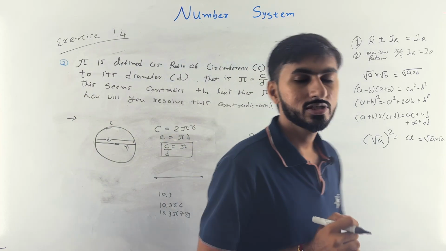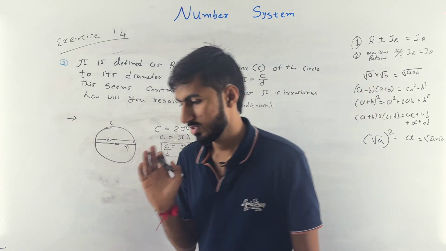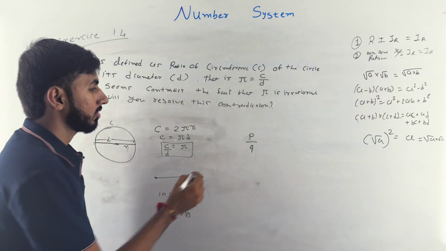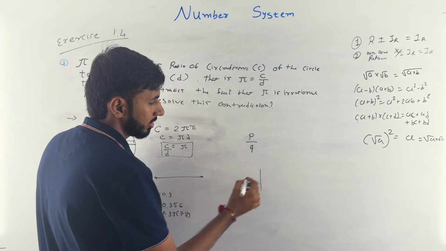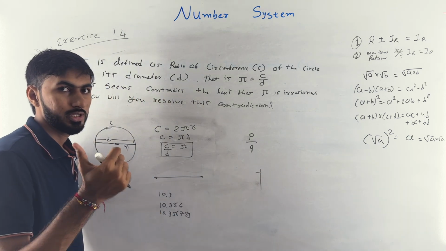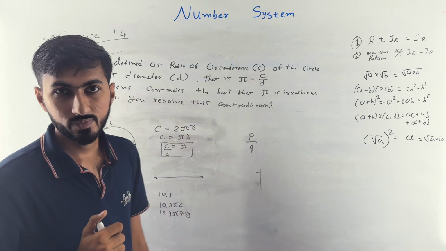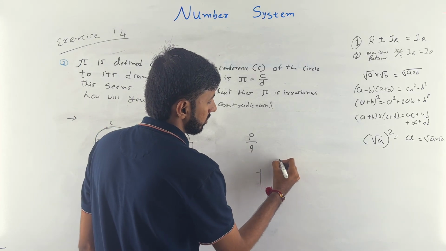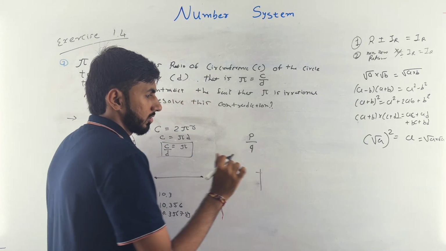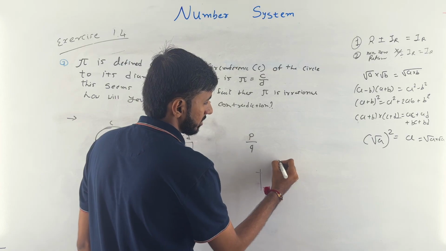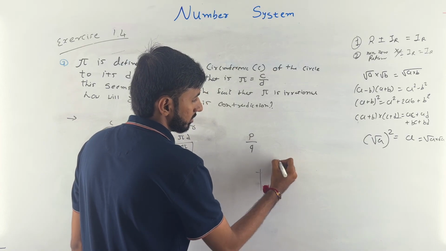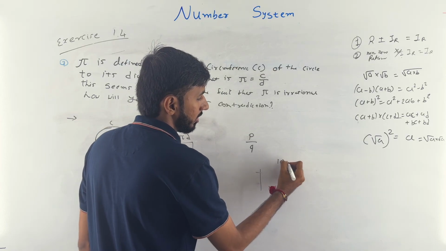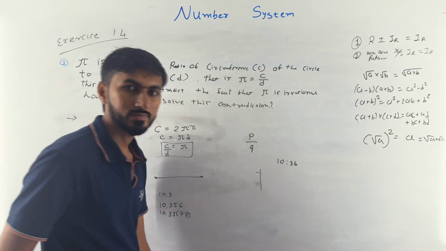Let me give you an example. In a race, when one person crosses the finish line, there is a referee who is measuring the time of crossing the line. If he has a clock that measures in minutes and seconds, the runner crosses the finish line in 10 minutes and 36 seconds, right?